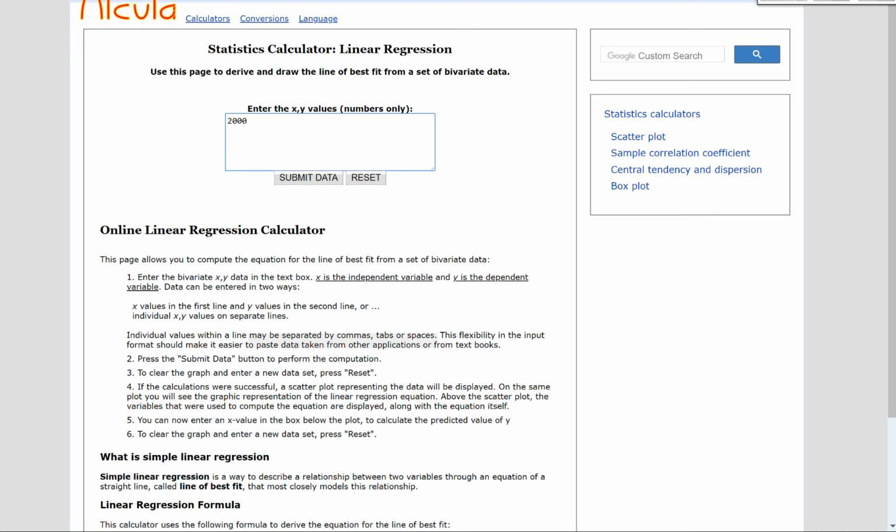So I'm going to enter 2000 comma 3508, 2001, 3766, 2002, 4098, 2003, 4645, 2004 was 5126, 2005 was 5492, and 2006 was 5836.